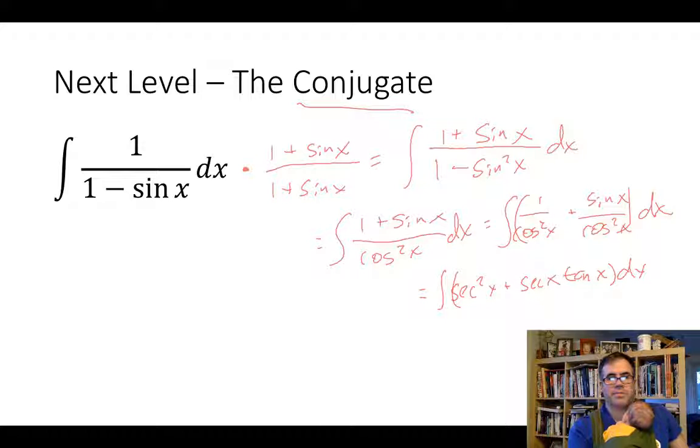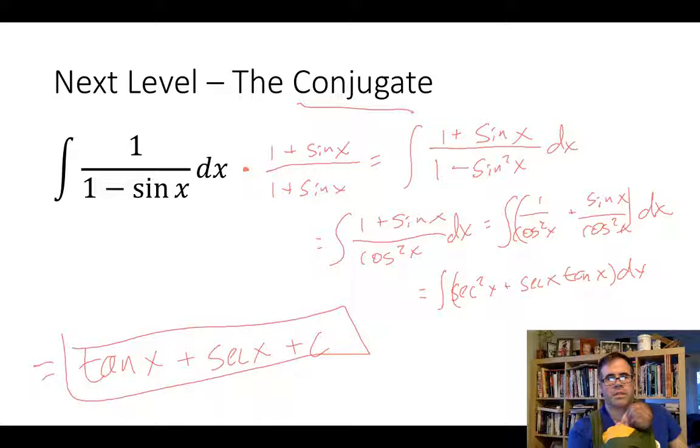So this would equal tangent x plus secant x plus c. See? Again, these things get complicated in a hurry. Already we're using one rule that sets off another, or one technique gives us the opportunity for another technique, and only then do we really have a chance to grasp onto this.